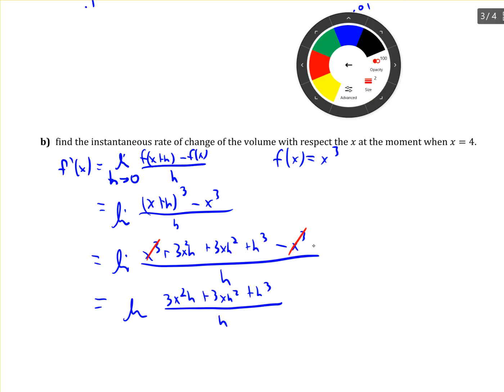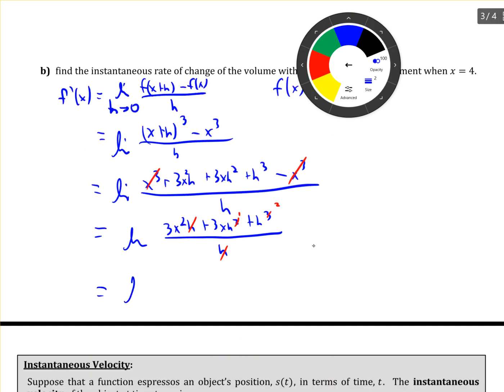And I can cancel one h from everything, right? Everything has an h. So I get the limit of 3x squared plus 3xh plus h squared. And remember, h is going to 0. So what's the limit of 3xh as h goes to 0? That's 0. That's 0. So I get 3x squared.